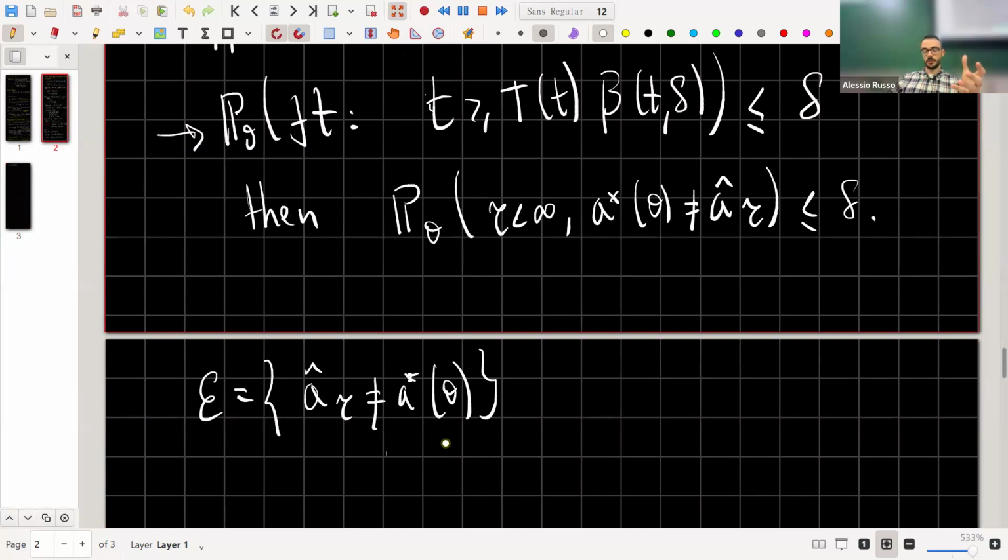Our estimate of the optimal arm is based on our estimate of the model.